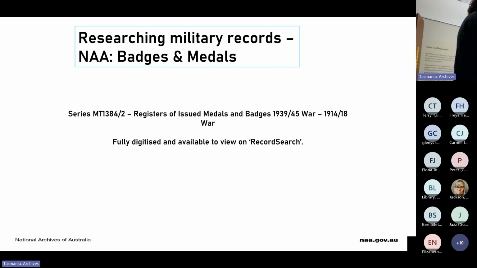Then, of course, from there, as many of you would be aware, this clue can lead to more relevant records amongst our holdings. Now, these series are arranged on RecordSearch, and as mentioned before, they're all digitised, but it is very tedious to actually locate these recipient badges, as the terminology has changed throughout the wars for the names of the badges.